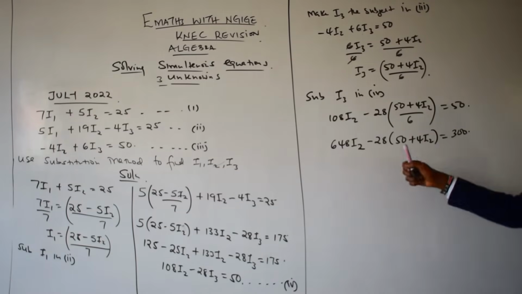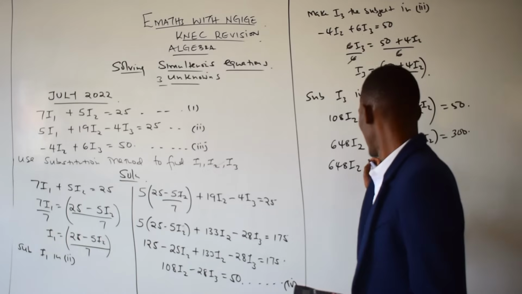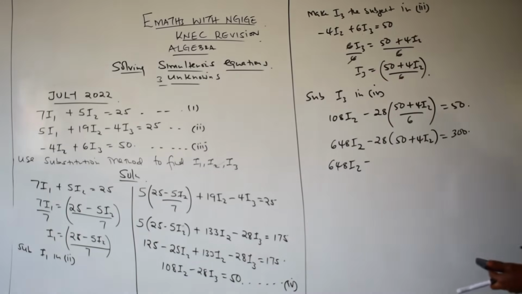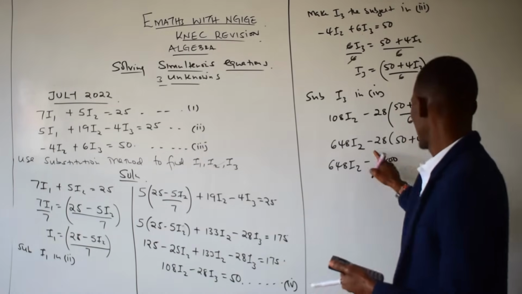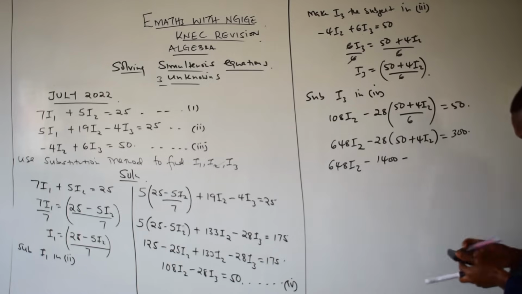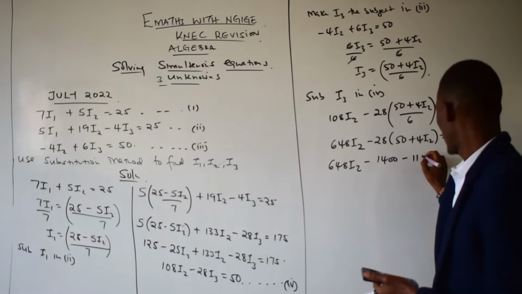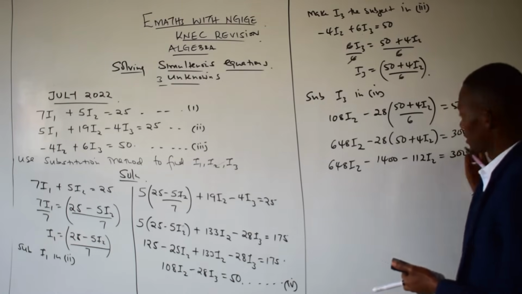Now opening up the brackets and solving, we have 648 i2, then minus 28 times 50. 28 times 50 gives us 1400. Then negative, and this one also is a negative, so you shall have negative. Now 28 times 4 gives us 112 i2, then you shall have 300.